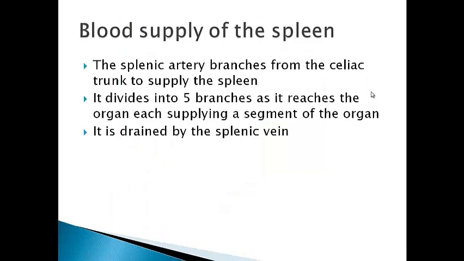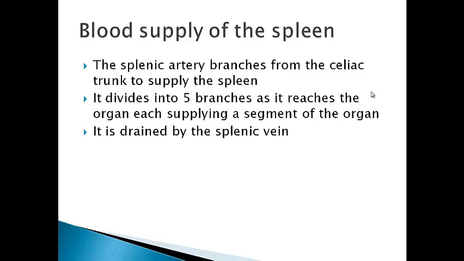The splenic artery branches from the celiac trunk in order to supply the spleen. Just before it enters the hilum of the spleen, it divides into 5 separate branches, and each branch ends up supplying a segment of the organ. Something to keep in mind is that these 5 branches do not anastomose with each other, so they don't actually communicate.